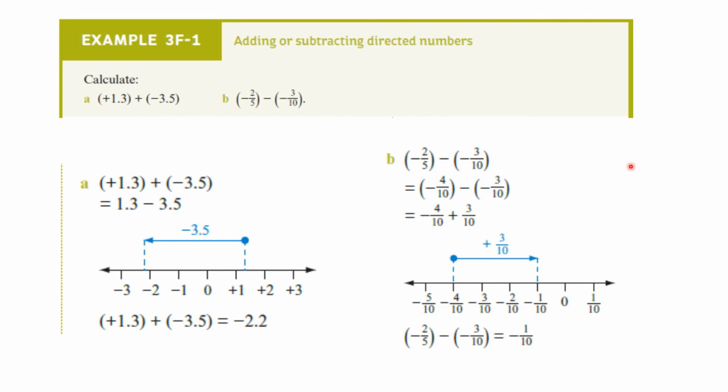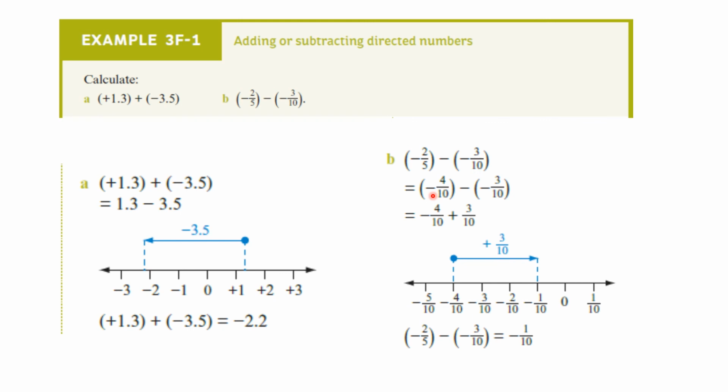Question B, we have negative 2/5 minus a negative 3/10. So again, from key ideas, 2 minus signs will turn into a plus. Alright, and note, negative 2/5 has become negative 4/10.